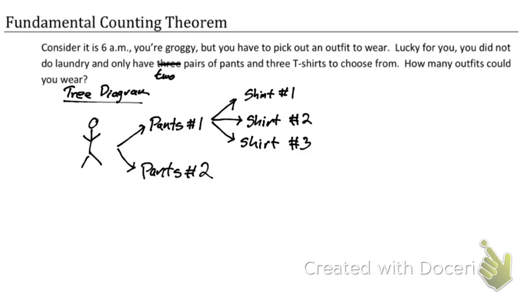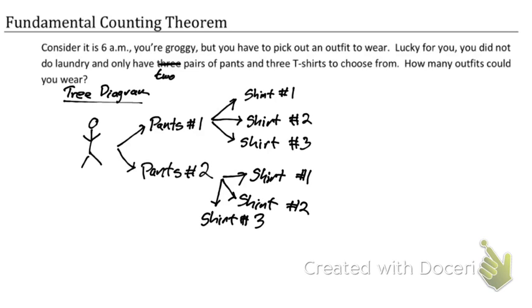Well, maybe I didn't choose pants number 1. Maybe I chose pants number 2, in which case I have my khakis on, but I still have to choose a shirt to wear. So once again, if I chose pants number 2, I could choose shirt number 1, shirt number 2, and I can choose shirt number 3. That was supposed to be a 3.